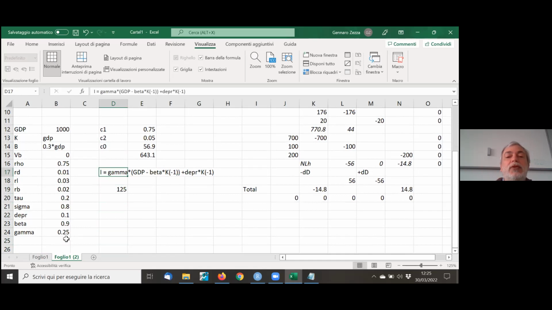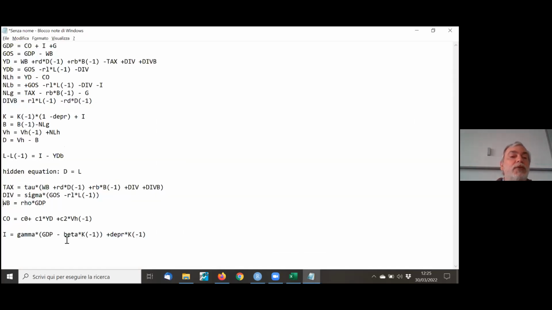Again, here I can either try to adjust the values of gamma and beta, or I can add another constant. If I add a constant, let's call this I0, and I put it equal to minus 25, I will have that investment is equal to 100.